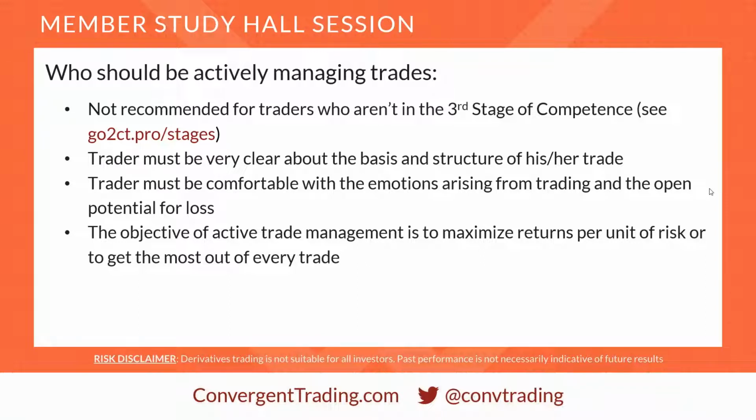If you don't know what the stages of competence are, just point your browser to ct.pro/stages, and you'll see them. Most people who are with us are somewhere in the realm of lower stage 2 to upper stage 2 to lower stage 3, with, as far as I know, maybe several members who are solidly in stage 4.